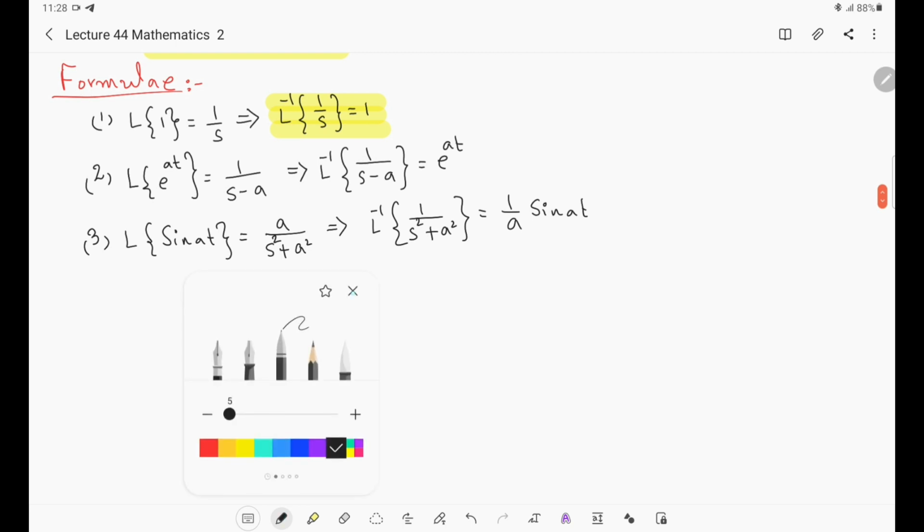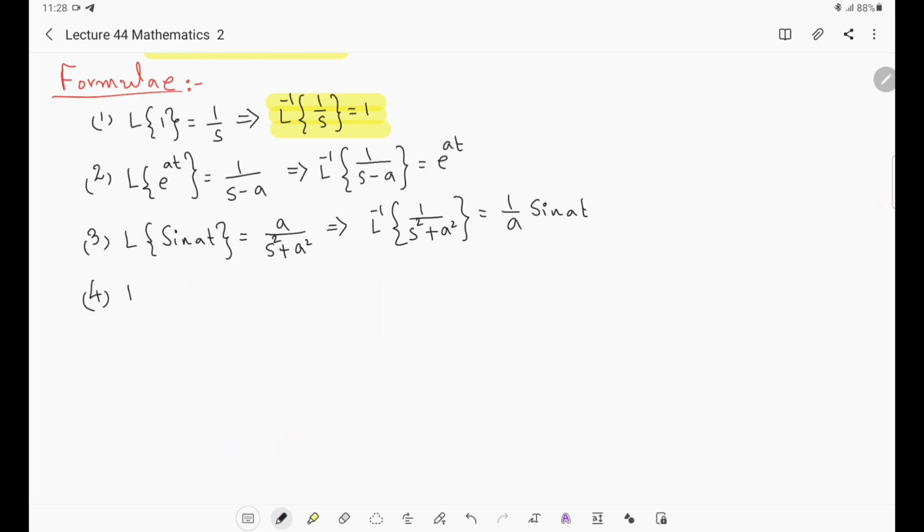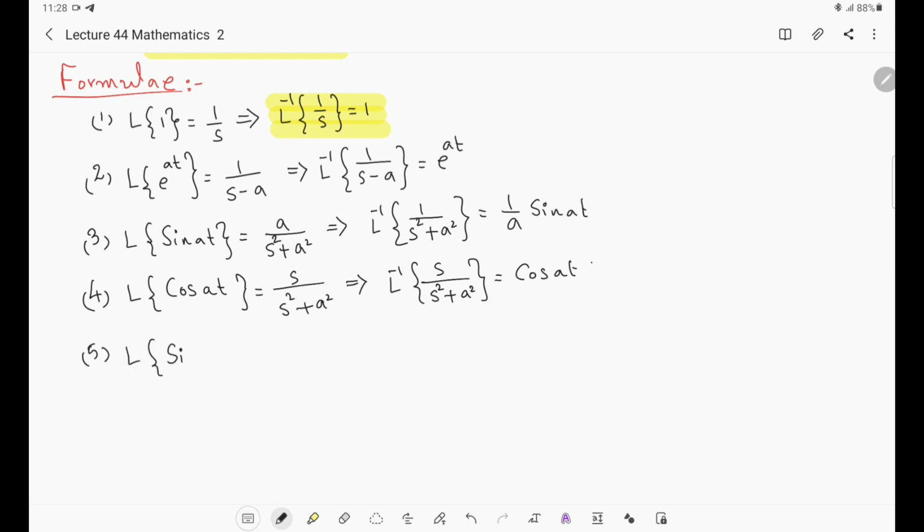Like that, the fourth one is Laplace transform of cos at, which is defined to be s by s square plus a square. Then inverse Laplace transform of s by s square plus a square, now s cannot be taken out, is given by cos at. The same way we have seen Laplace transform of sinh at is a by s square minus a square.